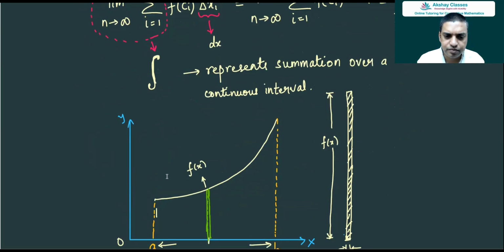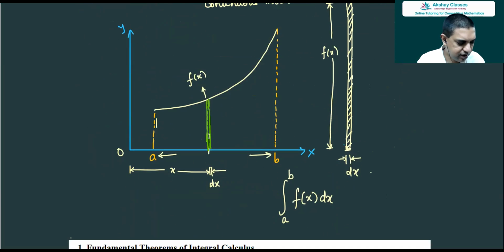Another way of looking at definite integrals is you take a very thin strip whose initial point is at a distance x and whose width is dx. The function value at x is f of x.